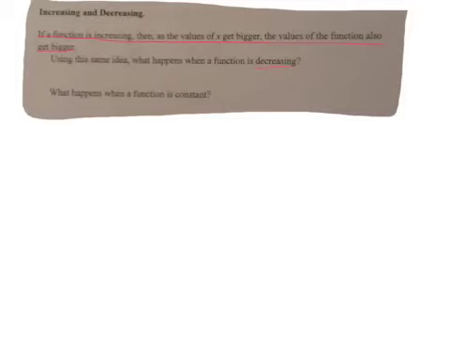So I'm going to say as x values get bigger, and x values getting bigger is just going from left to right, y values, and I should really write values of the function, but I'm not doing that because of space, smaller.